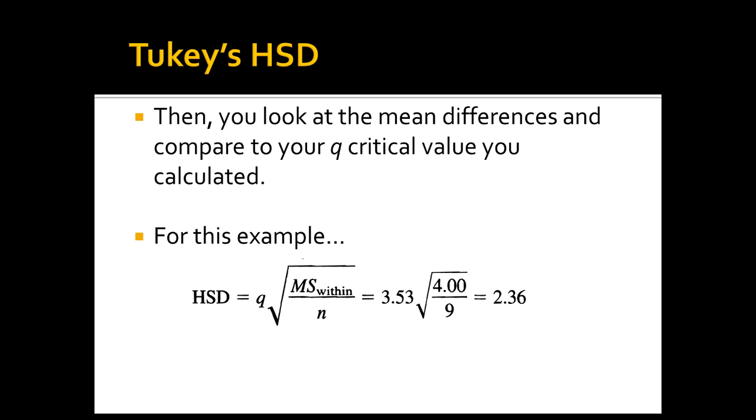So in this case, it would be 3.53 multiplied by the square root of 4 over 9, which equals 2.36. And our HSD value is then 2.36.